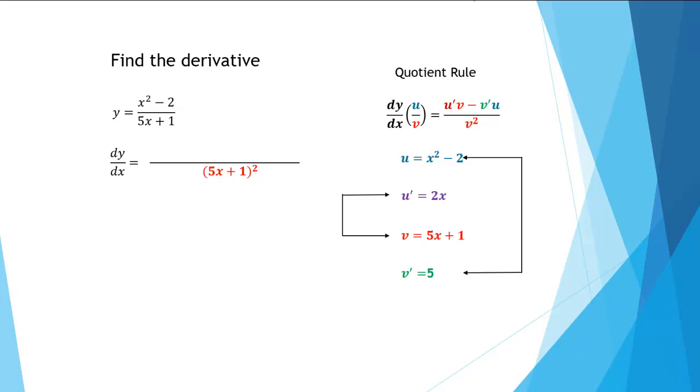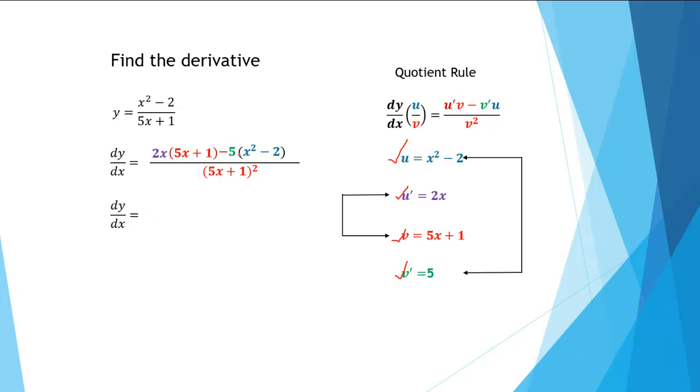And now we'll write out u prime times v. So we have u prime is 2x times v. V is 5x plus 1 minus v prime times u. So we have v prime as 5. We have u as x squared minus 2.